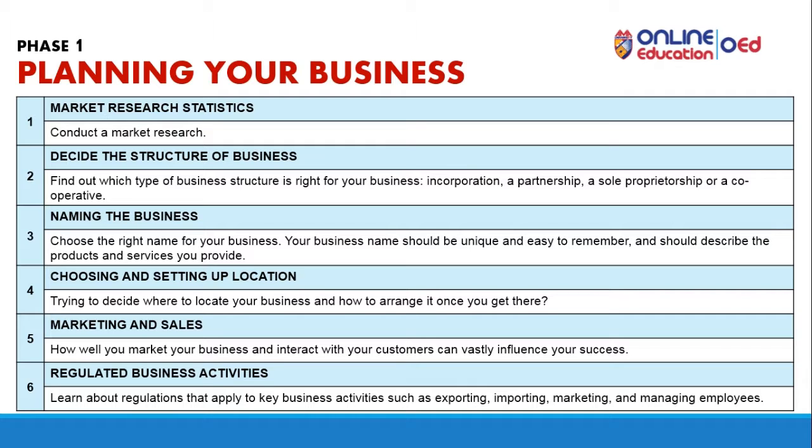After deciding the type of business, of course, you have to think of a business name and make sure that the business name is unique and easy to remember and should not be the same as other businesses that currently exist. And also make sure that the business name is relevant to the product or services that you provide. So don't just think of any cute name that just pops up in your mind. Make sure it's relevant, right?